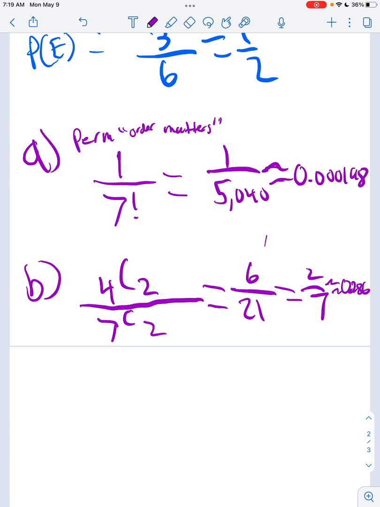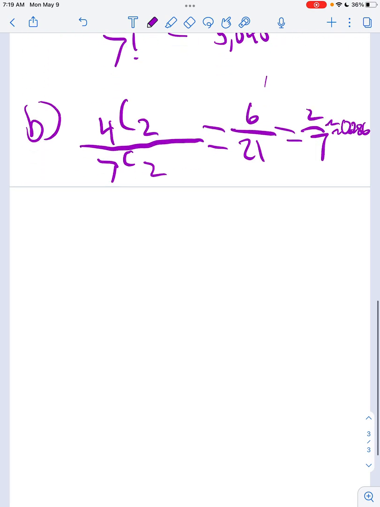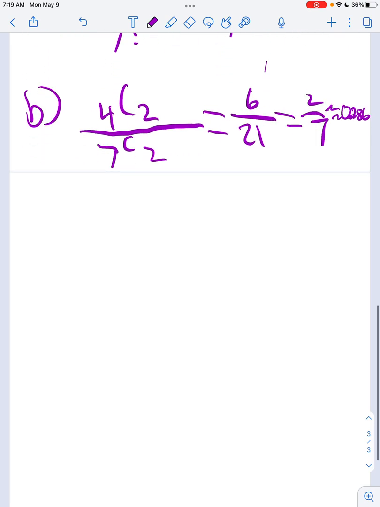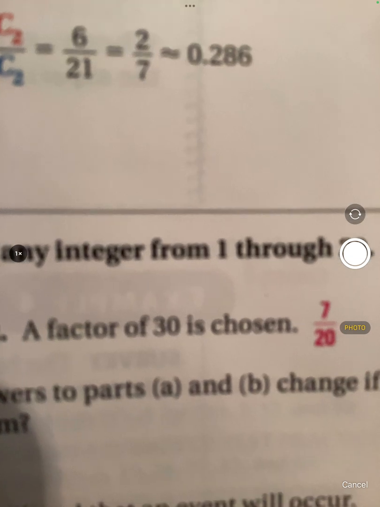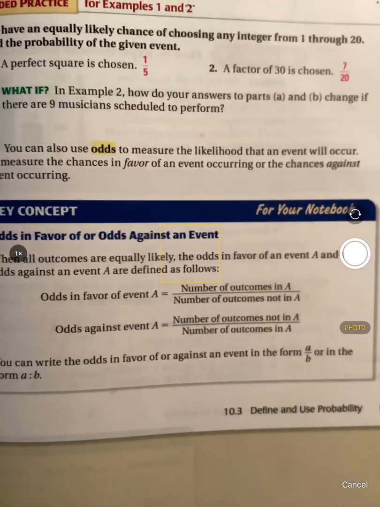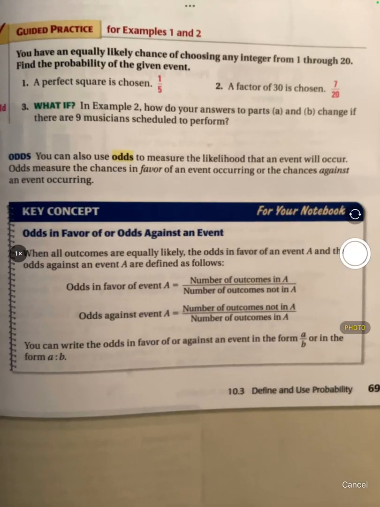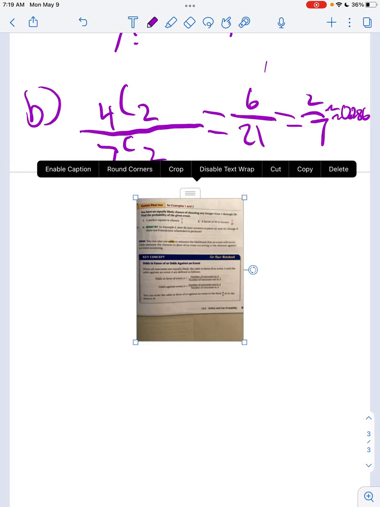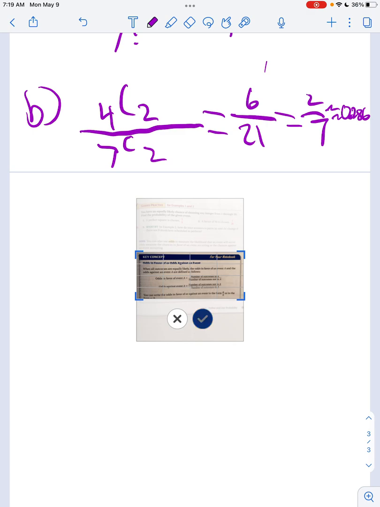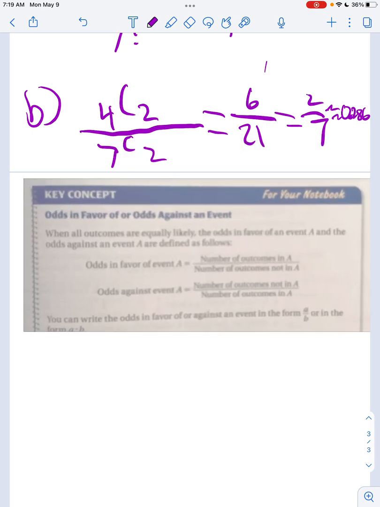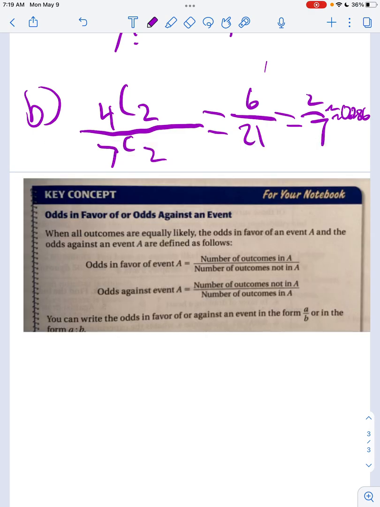We can use odds to measure the likelihood that an event will occur. Odds measure the chances in favor of an event occurring or the chances against an event occurring. Again, it kind of makes sense, but it's good to just write these things down. Very similar.